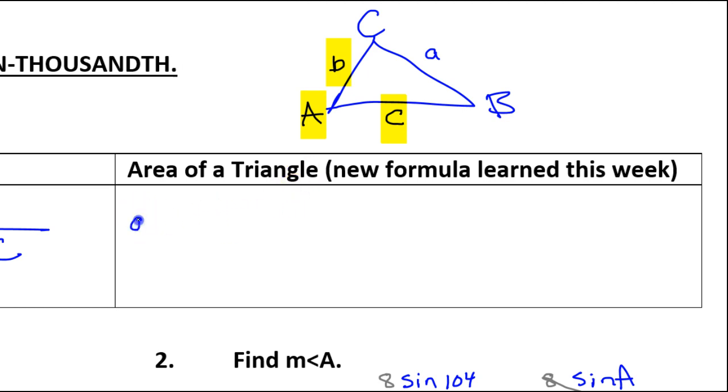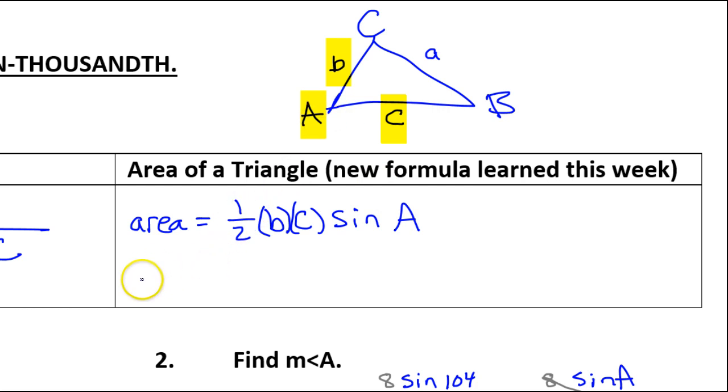So the area will equal 1/2 one side times the other side times the sine of the included angle. Now obviously there's nothing special about angle A. Sides B and C just represent the two sides, and angle A has to be the included angle.